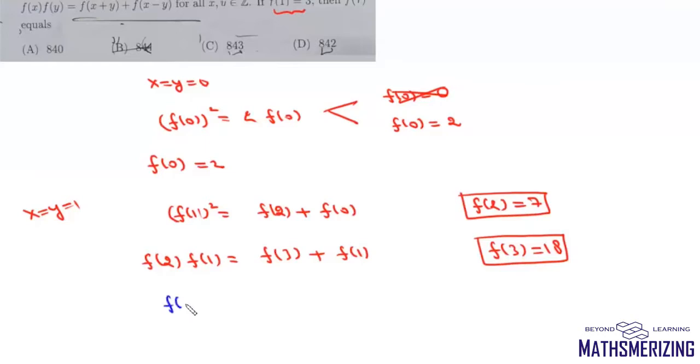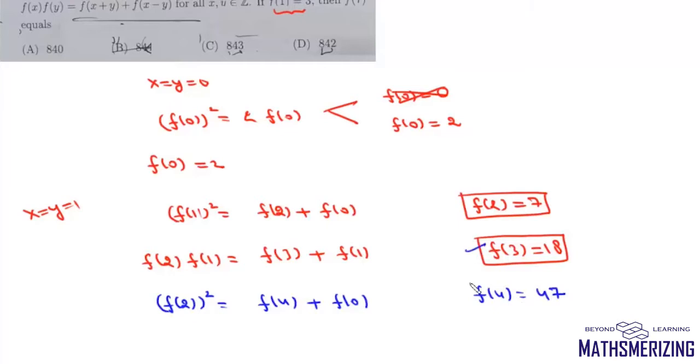So we'll get f(2) square, and it will be equal to f(4) plus f(0). So from here we can write f(4) as, now f(2) square is 49. 49 minus 2 is 47. So the value of f(4) is simply 47.